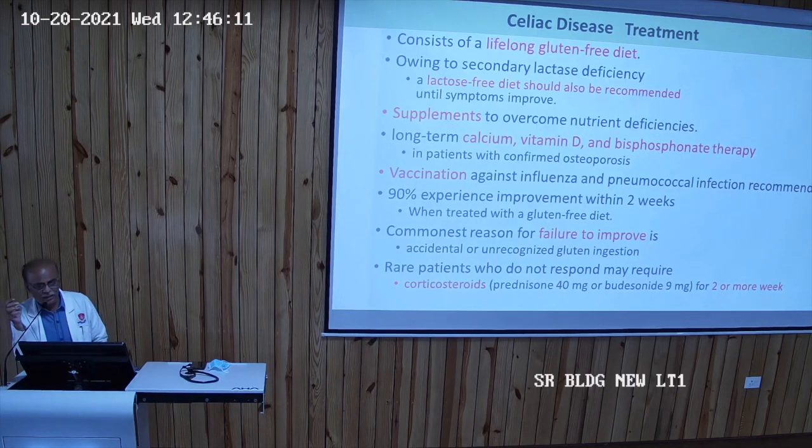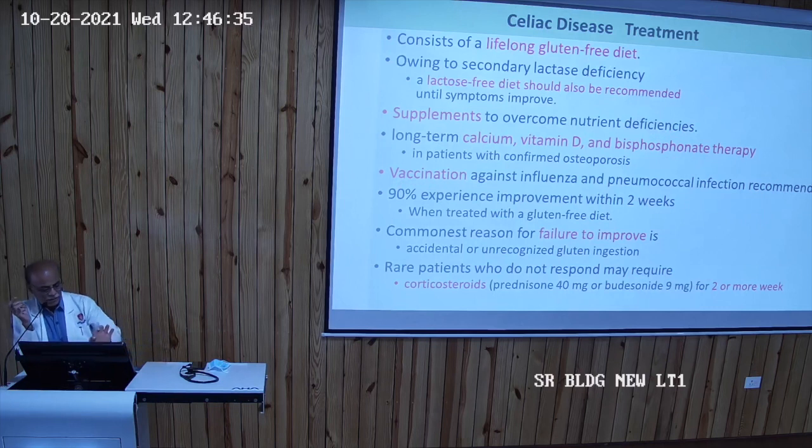Vaccination, because they are already weak, they can develop infections very easily. So you have to vaccinate them as a preventive therapy. Another thing is common reason for failure to improvement is accidental or unknowingly they are consuming gluten products.